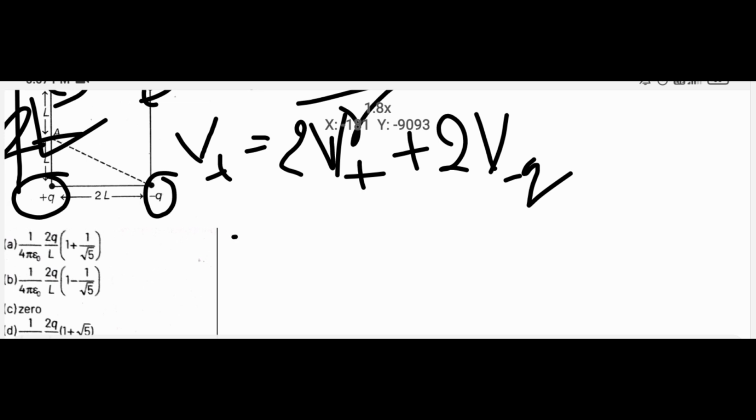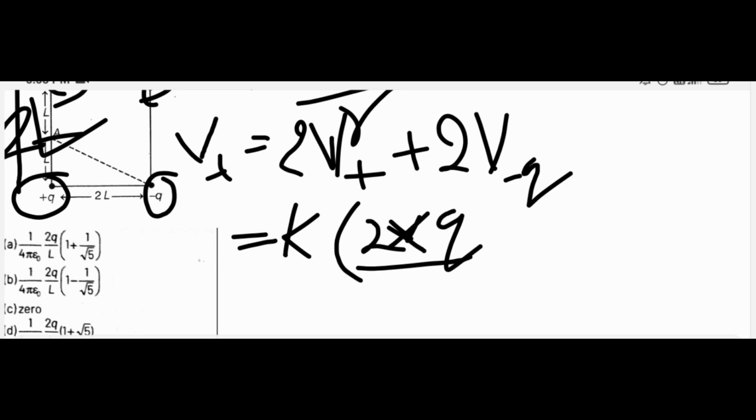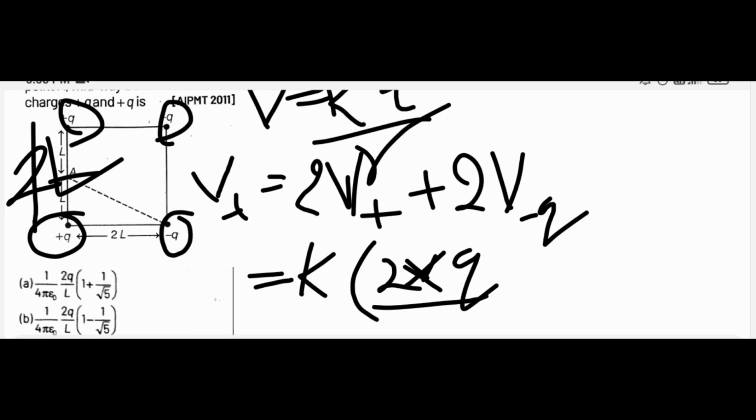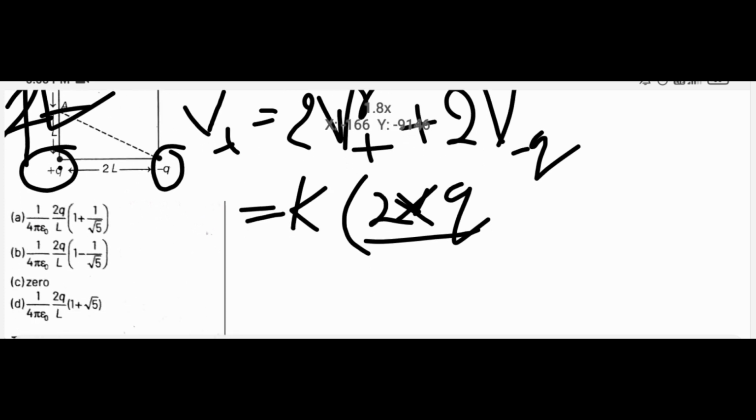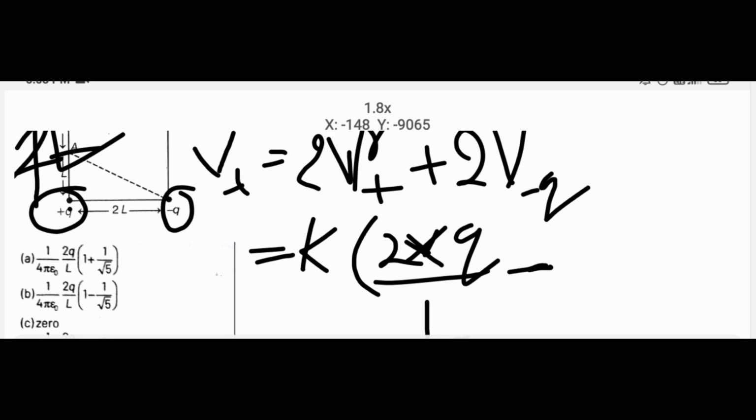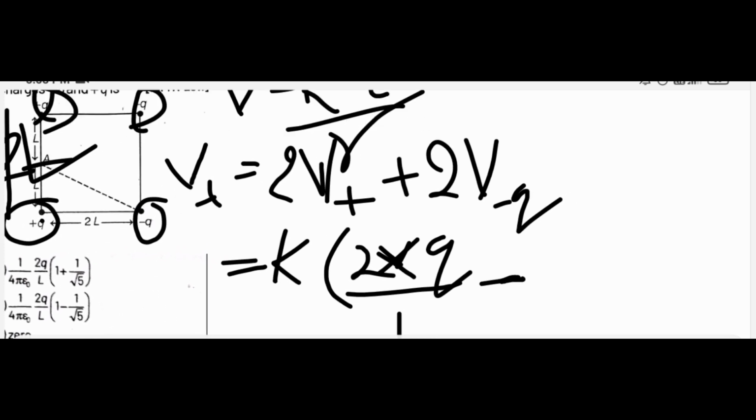So we substitute the values: k into 2 times the charge, small q, by the length given as reference. For the first term, these two are separated by L from that point A, and in the second, they have given minus charges, right? So a minus sign will come, 2q by r, the distance.